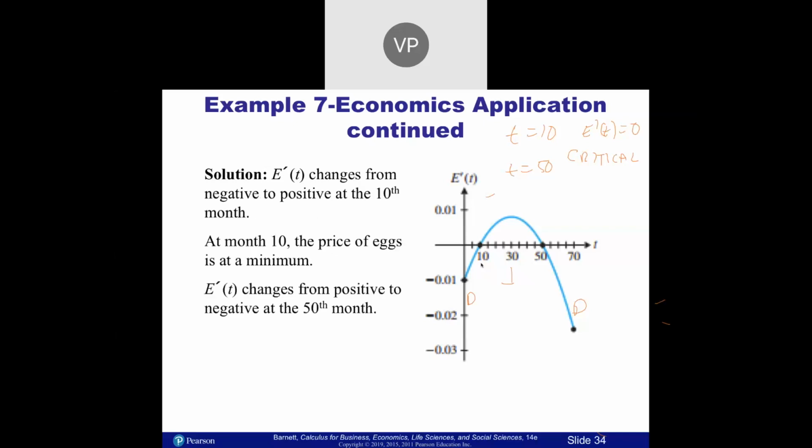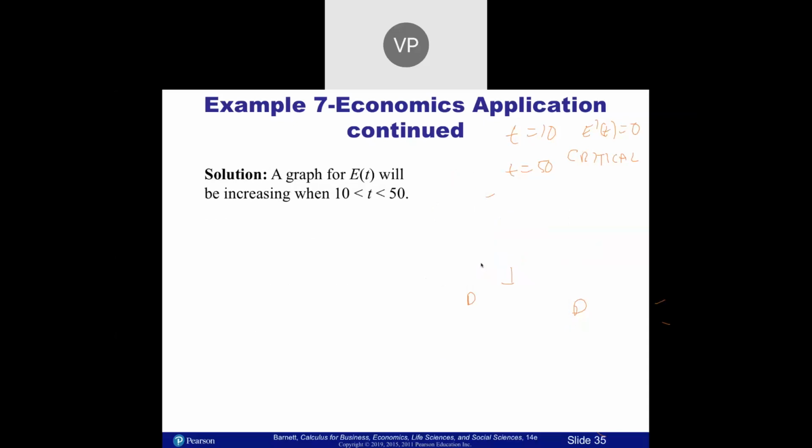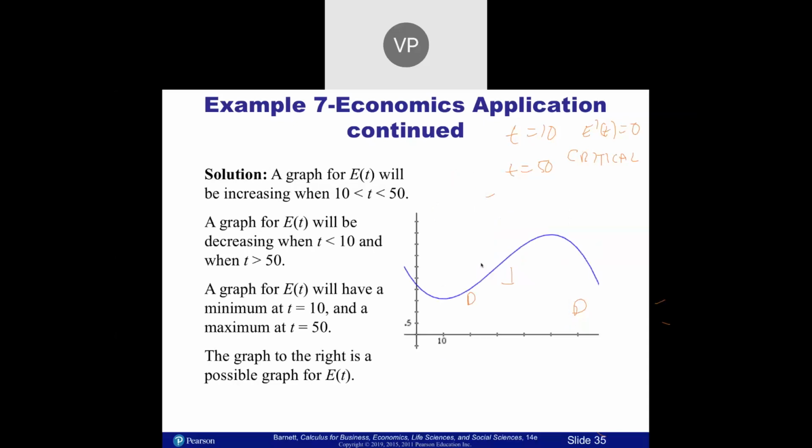So if I can draw this and kind of make a picture, and they tell you a lot of the redundancies, this is the picture that we're looking at right here. Basically, here's my horizontal slope at 10 and 50, the places that we said were critical.